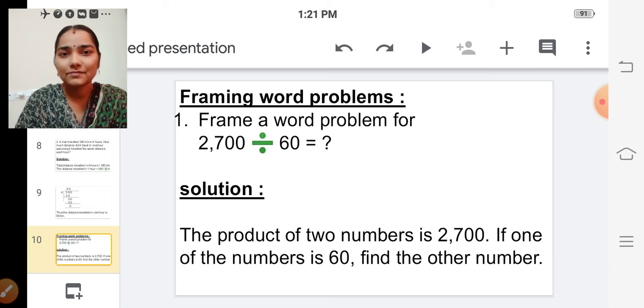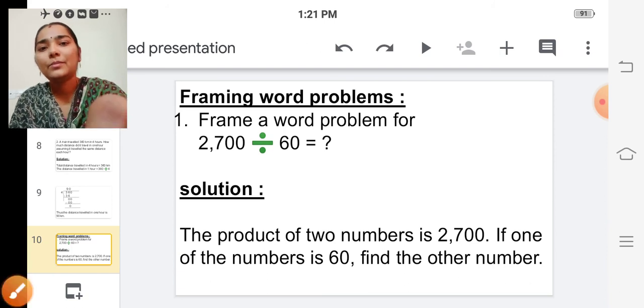Think. Okay, I'll give you the solution. The product of two numbers is 2700. If one of the numbers is 60, find the other number.